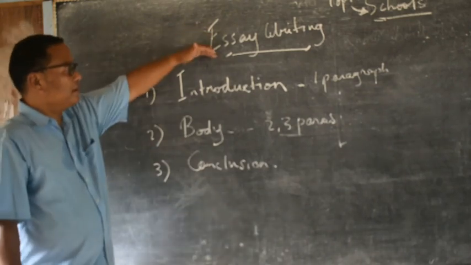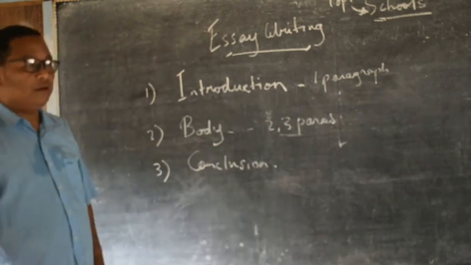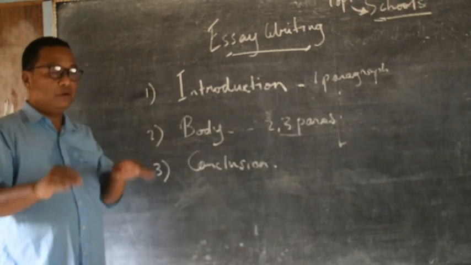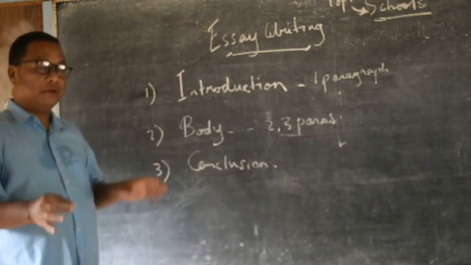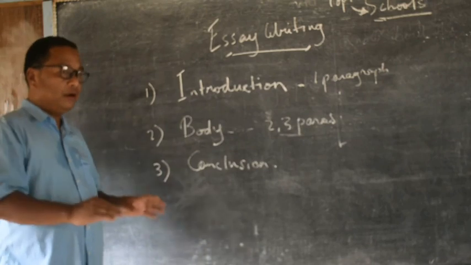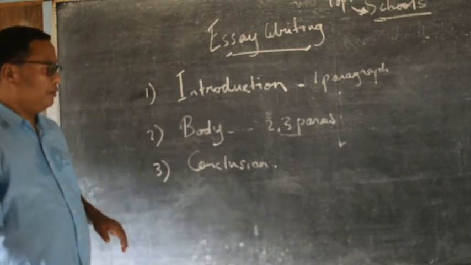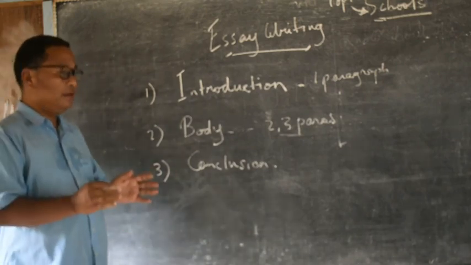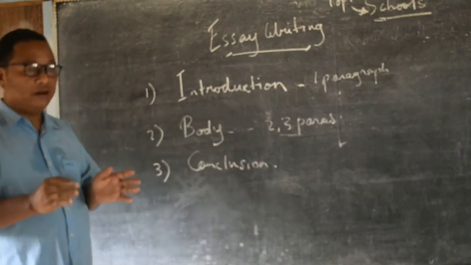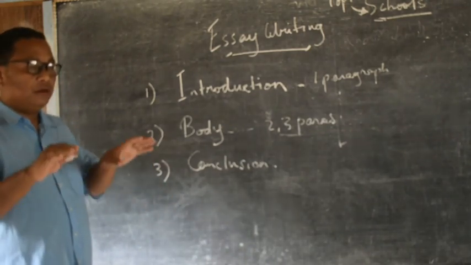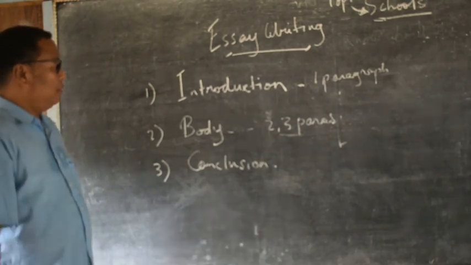Actually, essay writing can be done well only after we have a good basic knowledge of grammar, because without grammatical foundation, we cannot compose in English. In order to compose well in English, we must have a proper grammatical foundation.